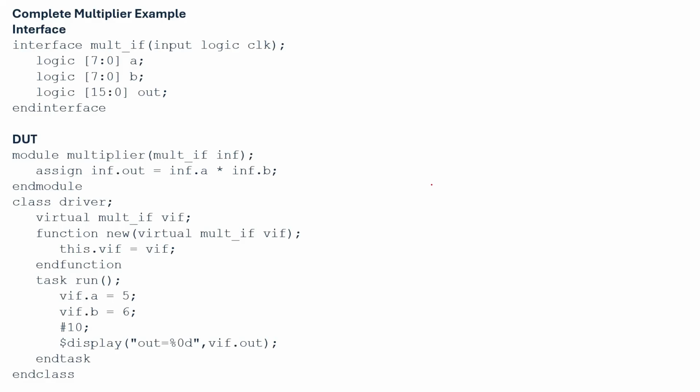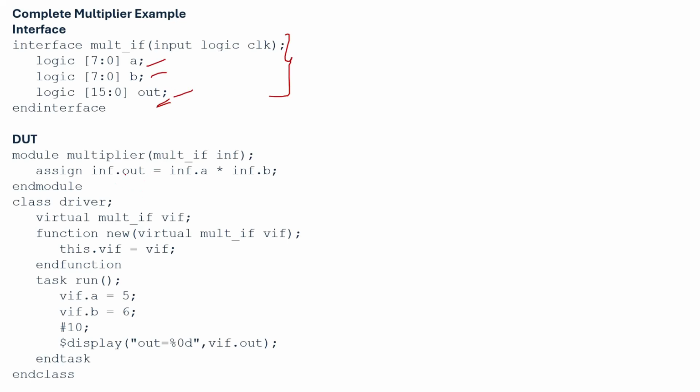Like multiplier interface I am taking here. Driver is driving the signals. In task run case, I am driving my signals like vf.a equal to 10, vf.b equal to 20. So this is my interface signals. So in interface, I am representing all the signals A, B, and output signal.